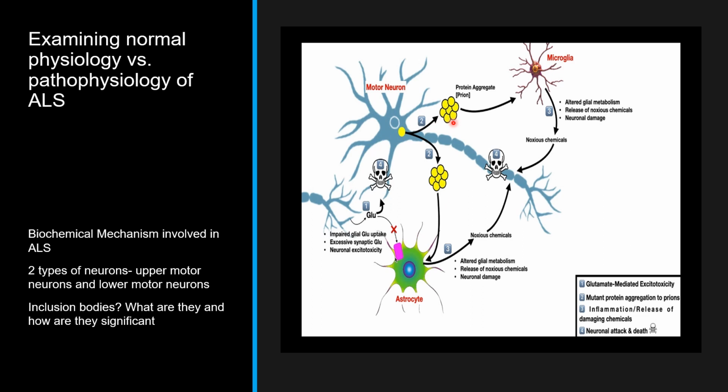As you can see right here in the yellow, these are the protein aggregates, and they also are called prions. In a normal motor neuron function, this would not happen. They would be normal proteins, but with the protein aggregates, they all clump together.